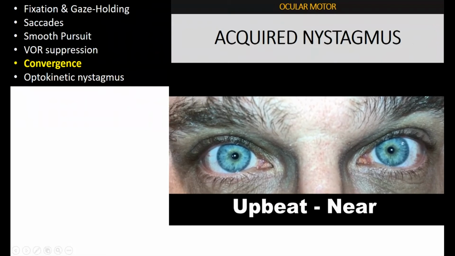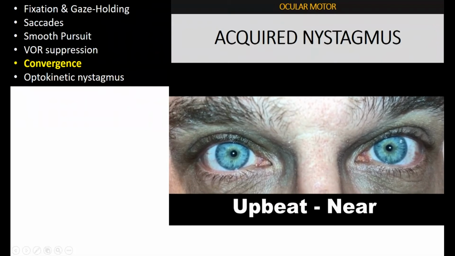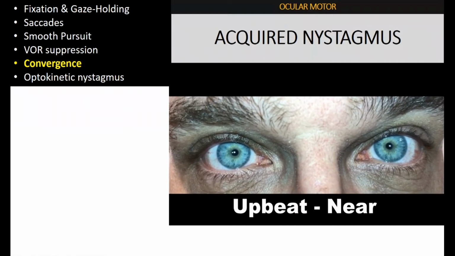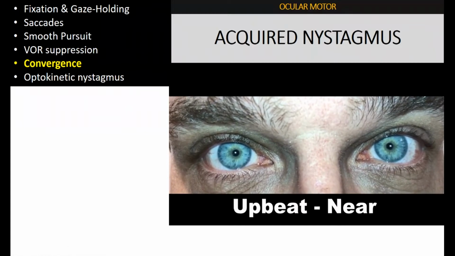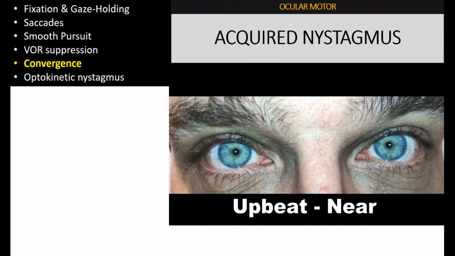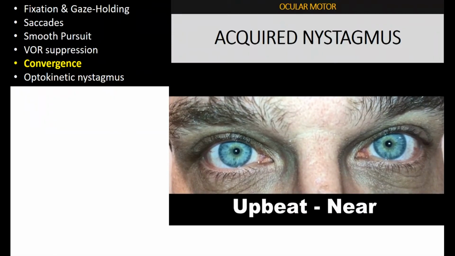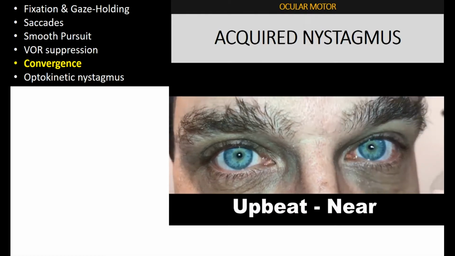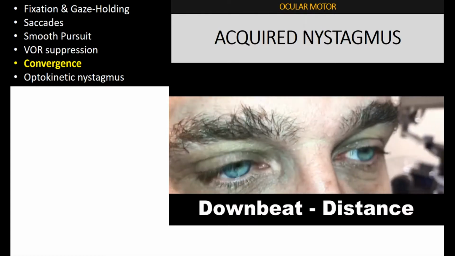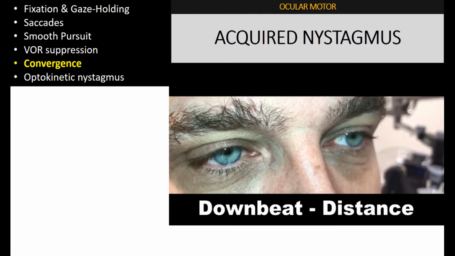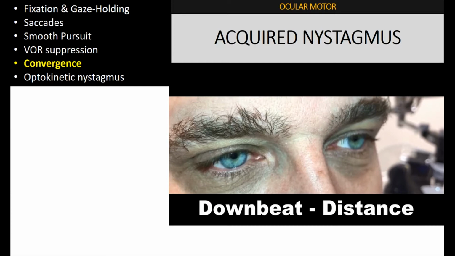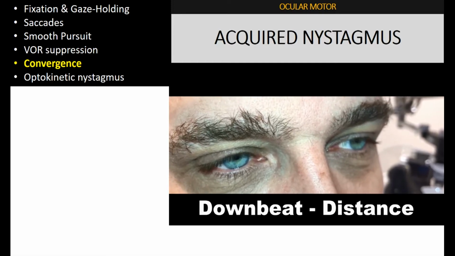Got it. So this is a patient who has upbeat nystagmus at near when converging the eyes. And when I have the patient look at a distant target, now it's downbeating nystagmus. So it transitioned from upbeat.